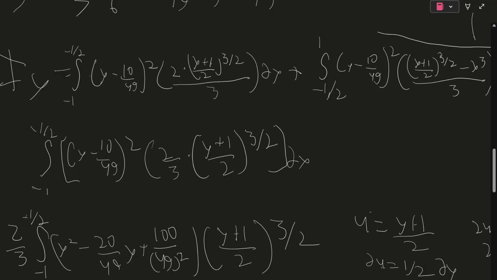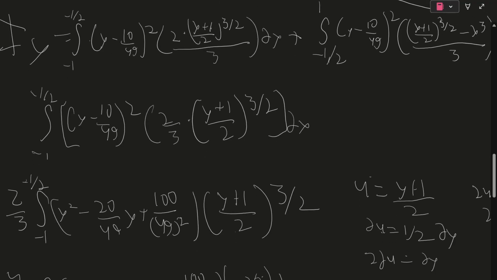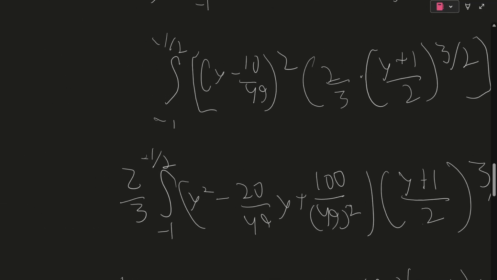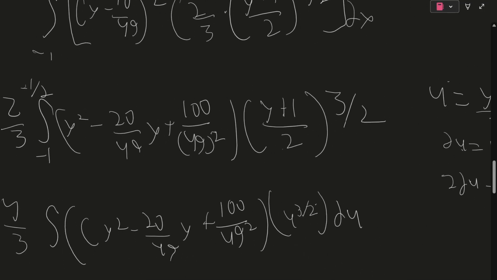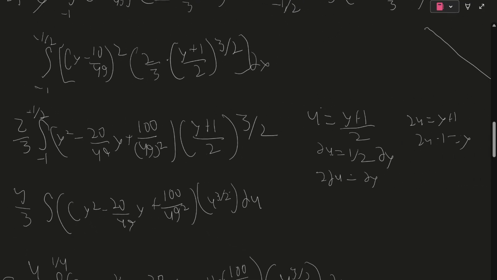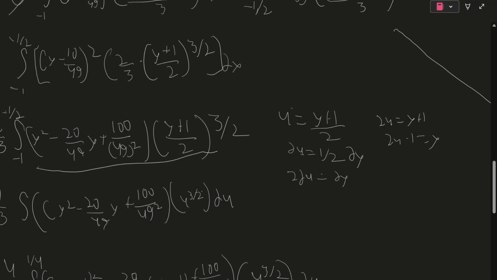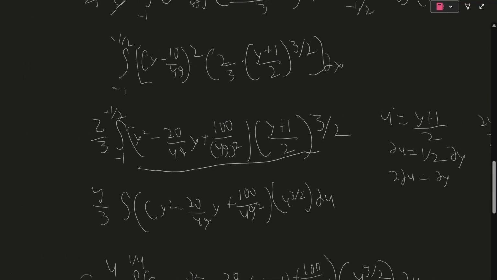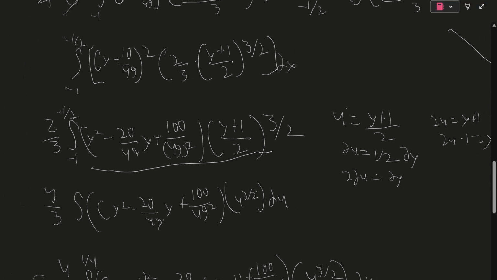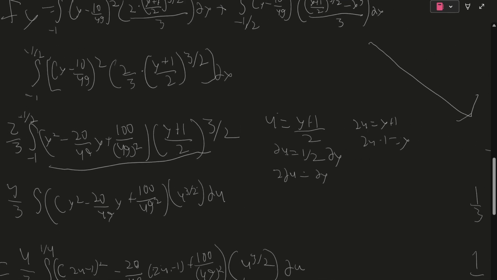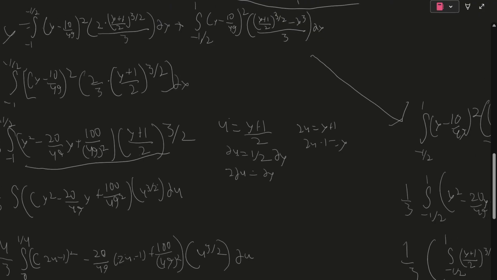So the 2 went out front, and so did the 1/3. But aside from that, it was the same exact integral that we just had, just only half of it. Right, we had the same exact terms in this part of our equation, just without the multiplier out front. So we have y squared minus 20 over 49 y plus 100 over 49 squared, all times y plus 1 over 2.